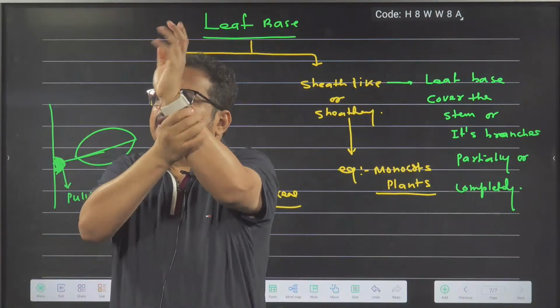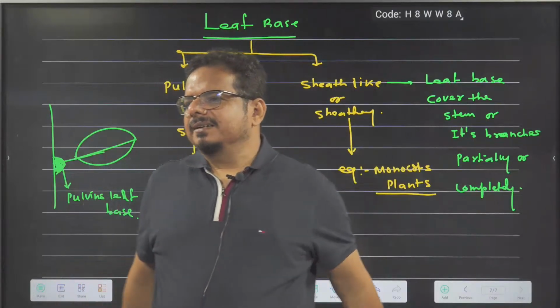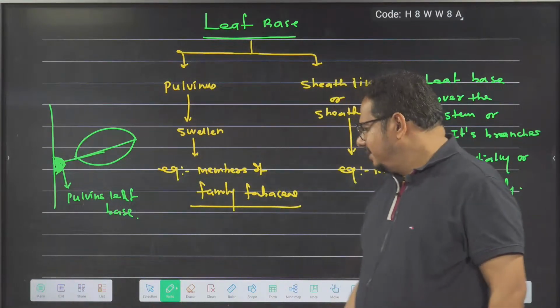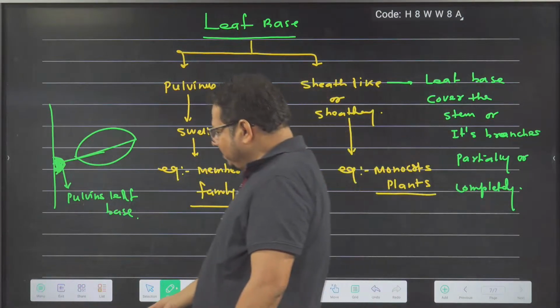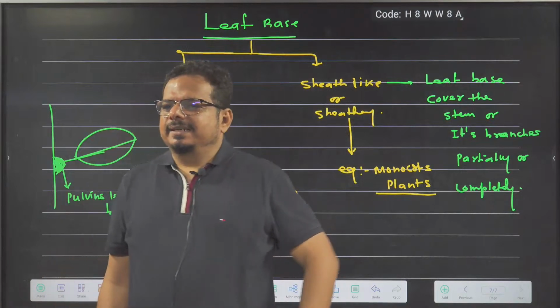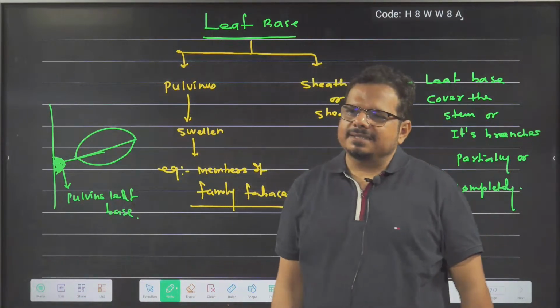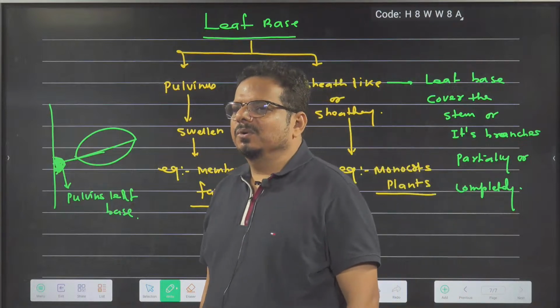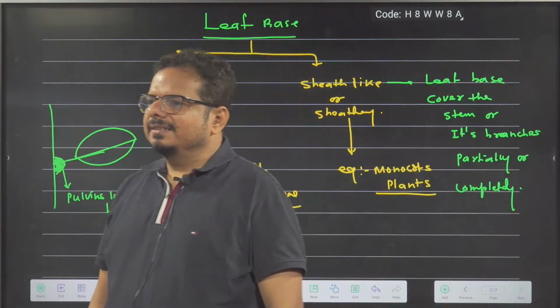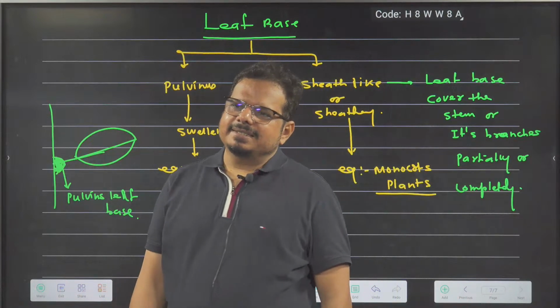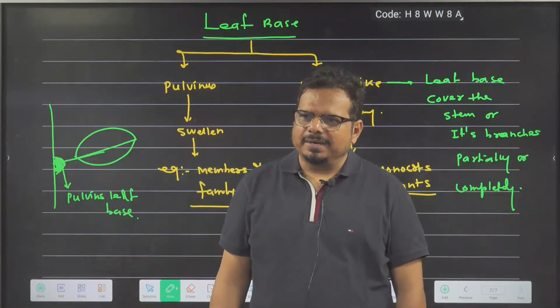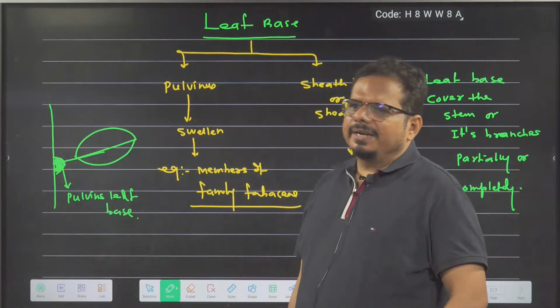When it covers all around, it is called total covering. Understand the idea? So either it is covering the stem partially or totally. It is called sheathing leaf base. Such a type of leaf base is the characteristic feature of monocot plants. Is it clear? Can we move ahead?